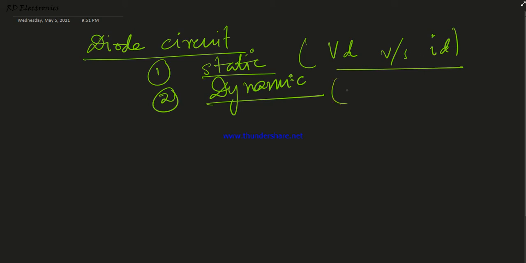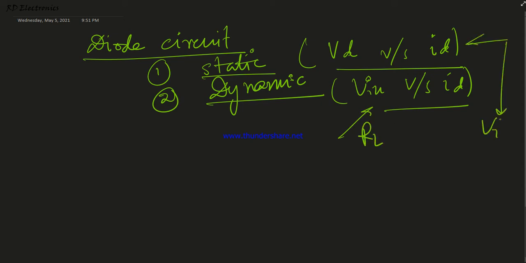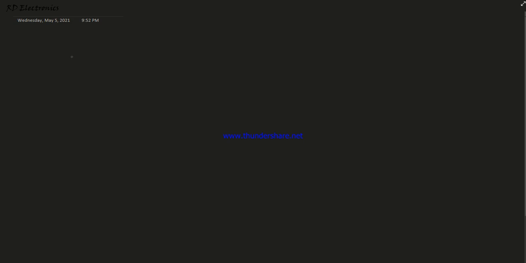In the dynamic characteristics, we plot input supply voltage versus diode current, varying the load resistance. In the static characteristics we vary the input source voltage.